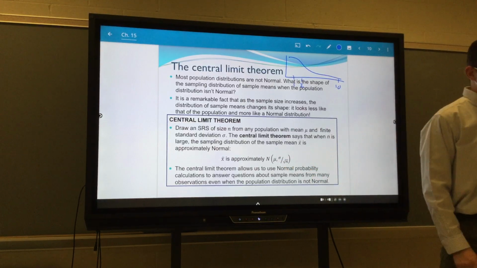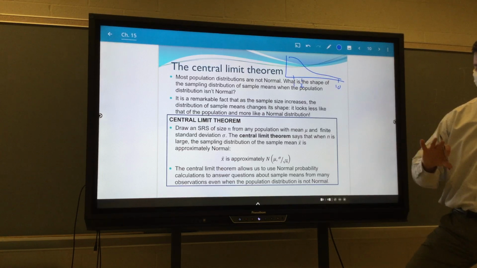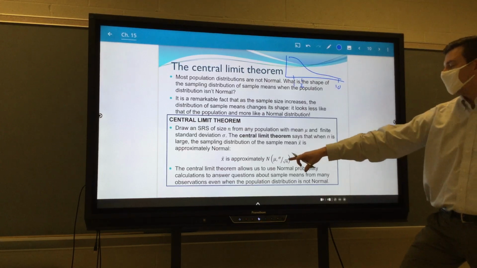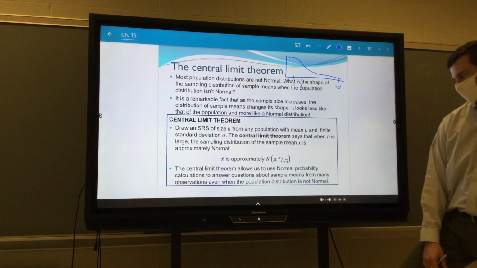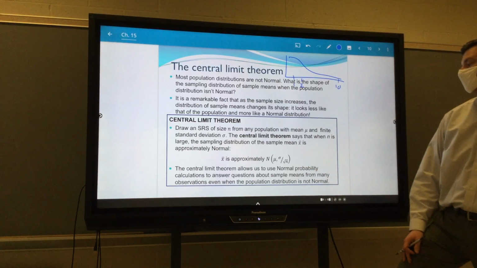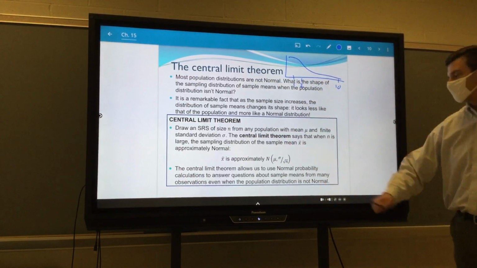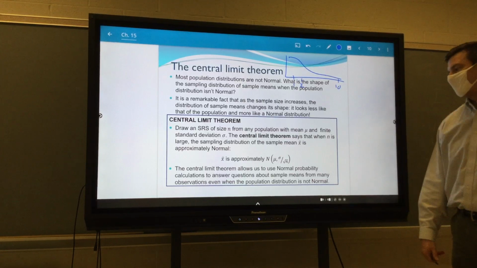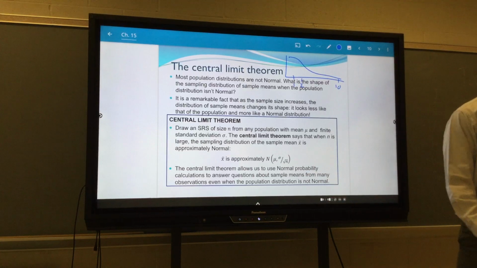Where mu is that sampling distribution's center, and sigma over the square root of n is the standard deviation. And it allows us to use normal probability calculations, z-scores, to answer questions about sample means from many observations, even when the population distribution is not normal.